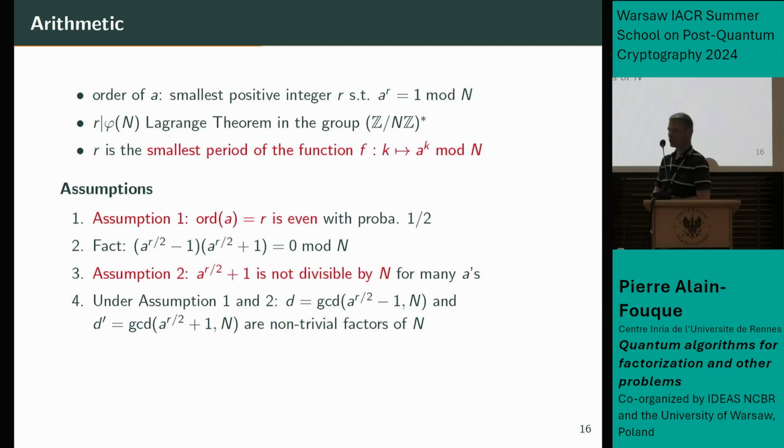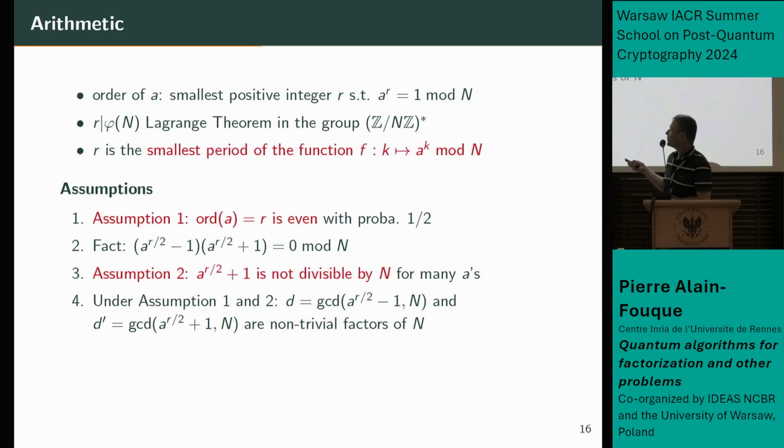So the second assumption that we make is that, in fact, the value here is not divisible by n. And this will also happen with high probability, so it's not a big deal to assume that we will be in this case also.